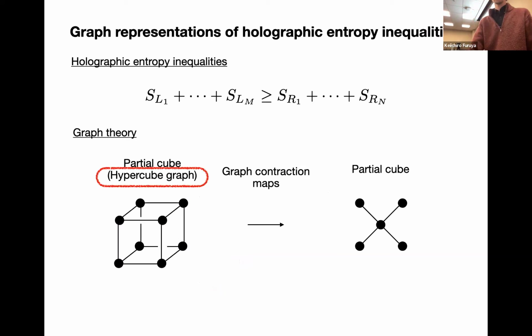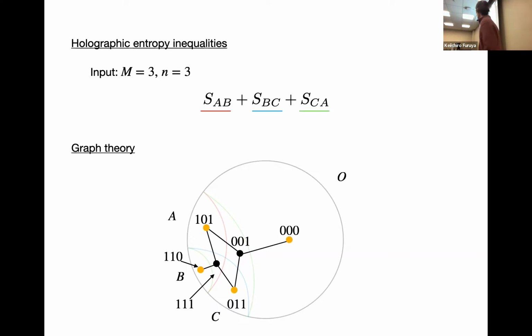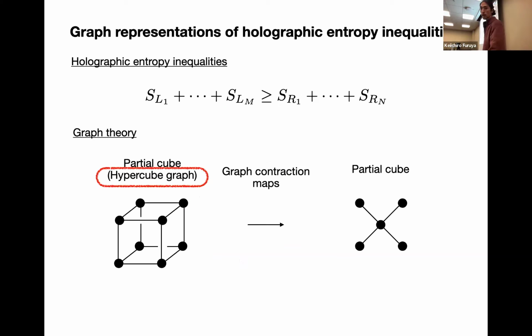Okay, so now we know that each convex composition here corresponds to a partial cube. And now I'm going to discuss that the left-hand side part should be the hypercube graph. We said that the convex composition gives you some partial cube, but we didn't say that this is always a hypercube. So why do we want the hypercube on the left-hand side?